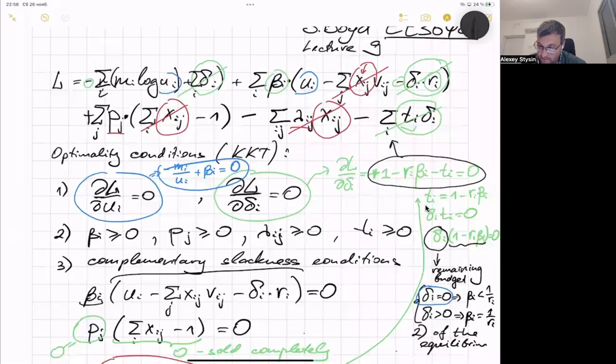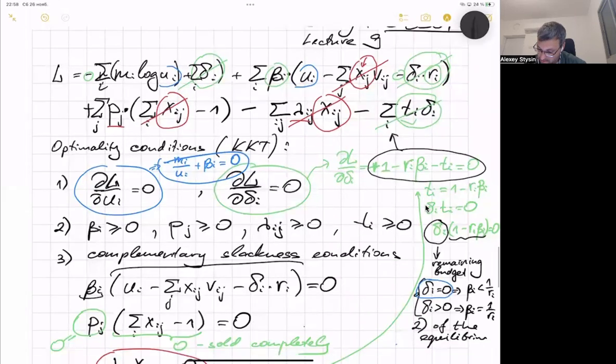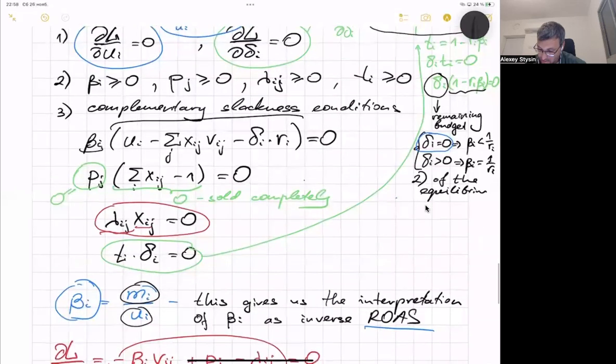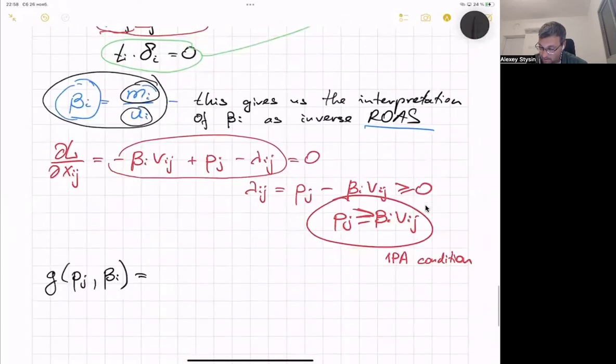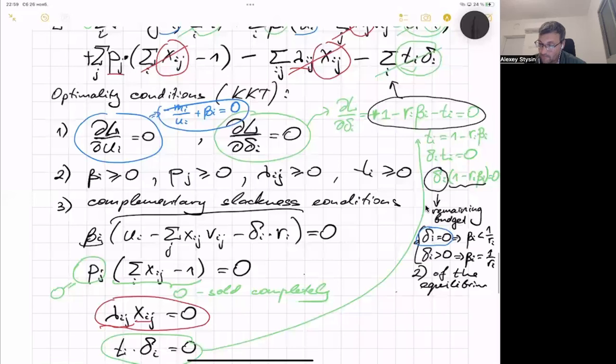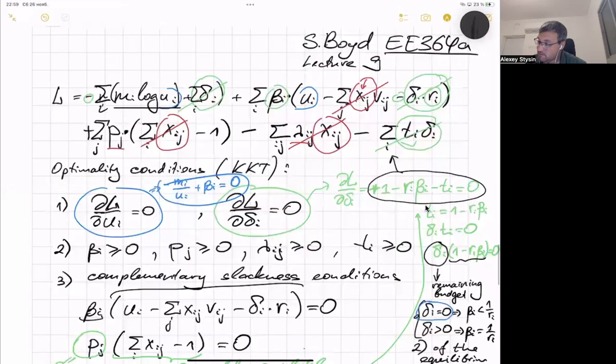So we have ui's, and we can use this thing here. So we have minus sum over mi's logarithm. This should be ui, so this is mi divided by beta i. This is this term.